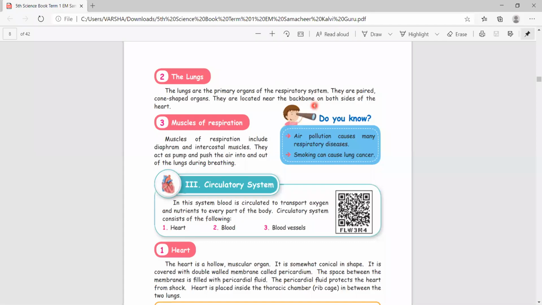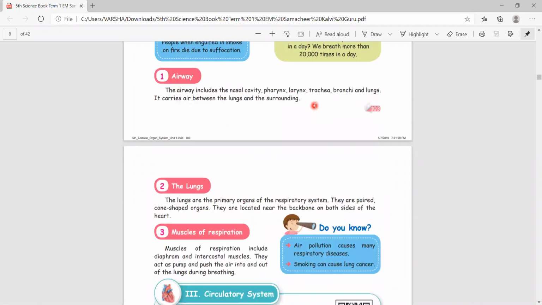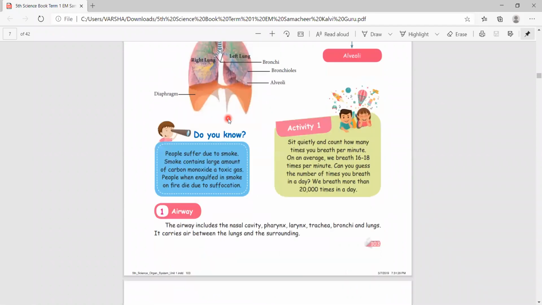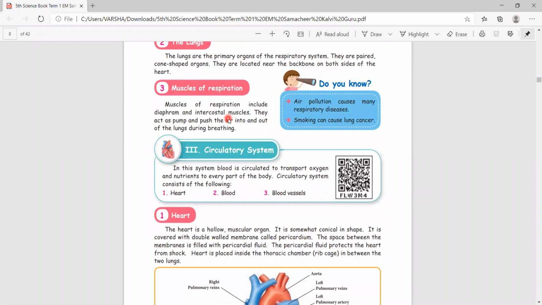Between the lungs, here only will be the heart.